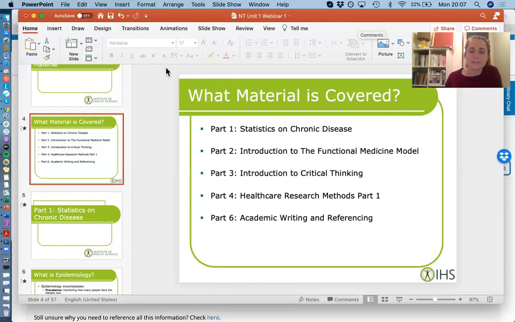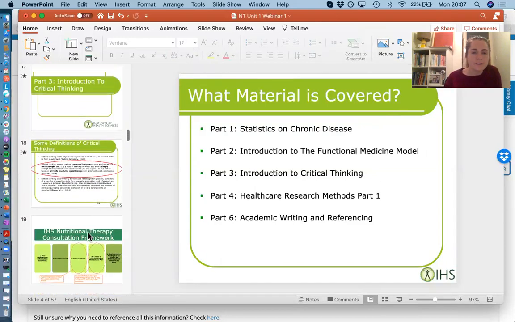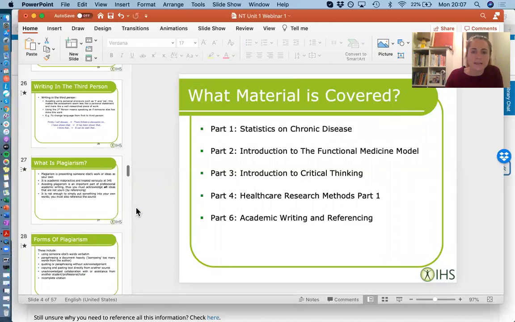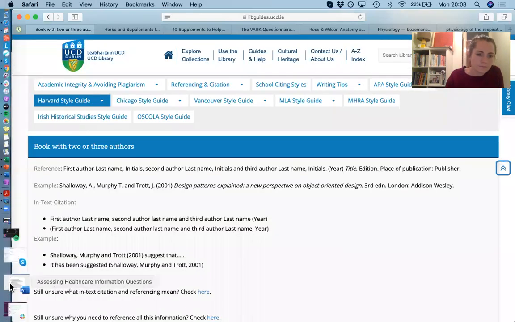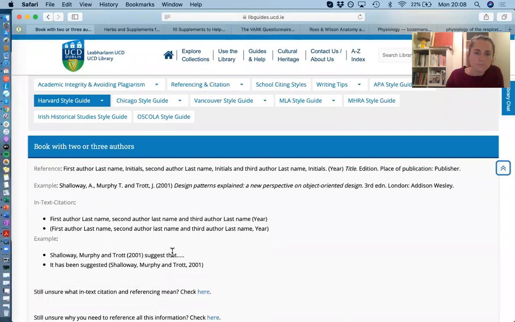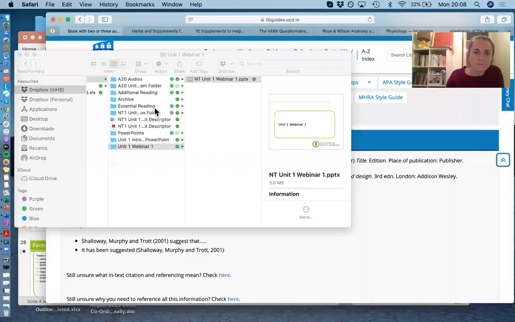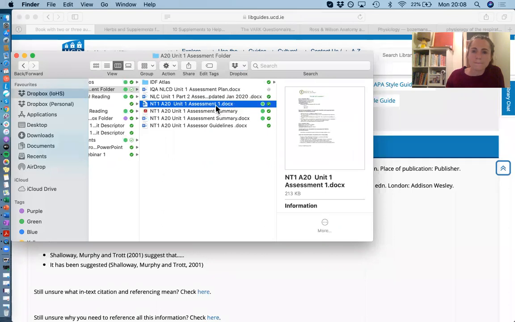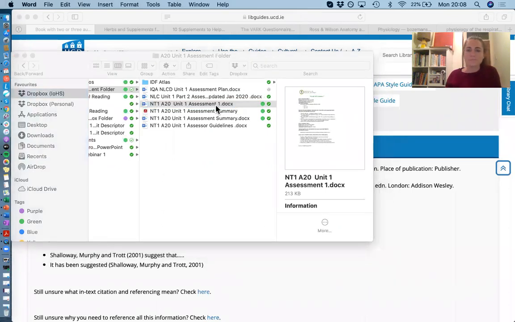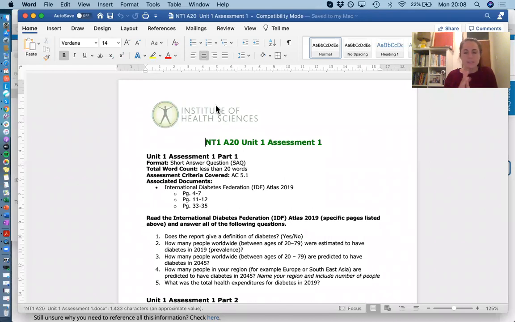Okay, so let's have a look now. If you don't have any questions, we'll have a look at the assessment. This assessment is broken into 2 parts.